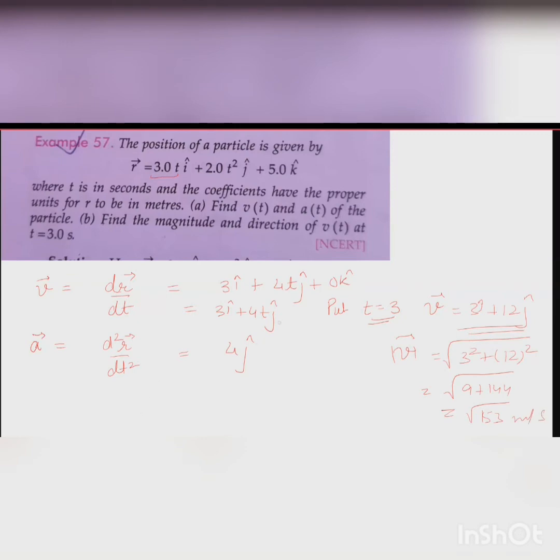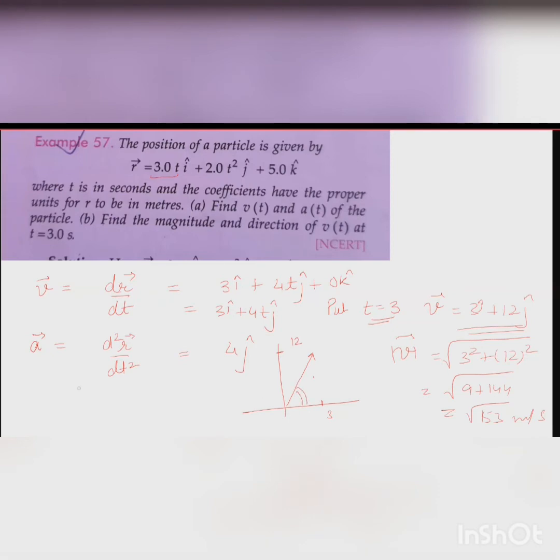Now the second part of the question, part B, says the direction of velocity at t equals 3 seconds. Now they have given you both components. You can see that these are rectangular components. The velocity vector is given as 3i hat and 12j hat. This is your velocity component. So from here you can calculate tan theta.